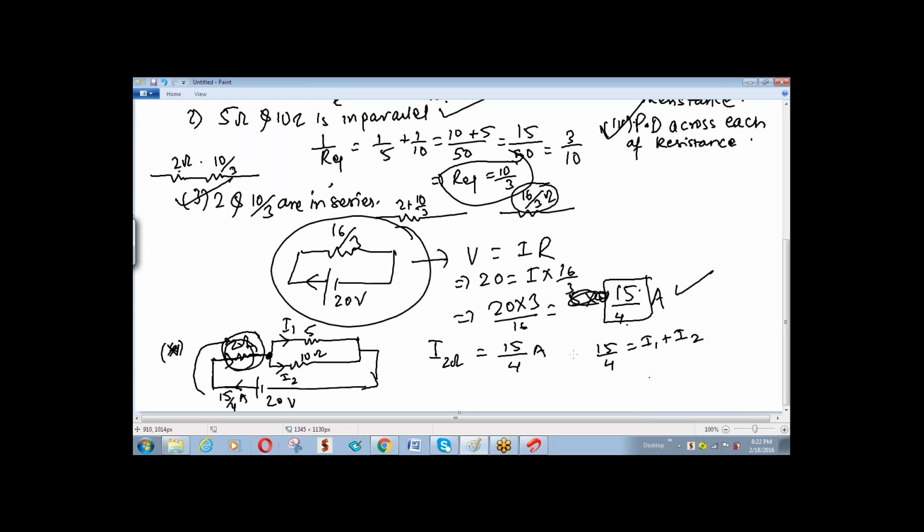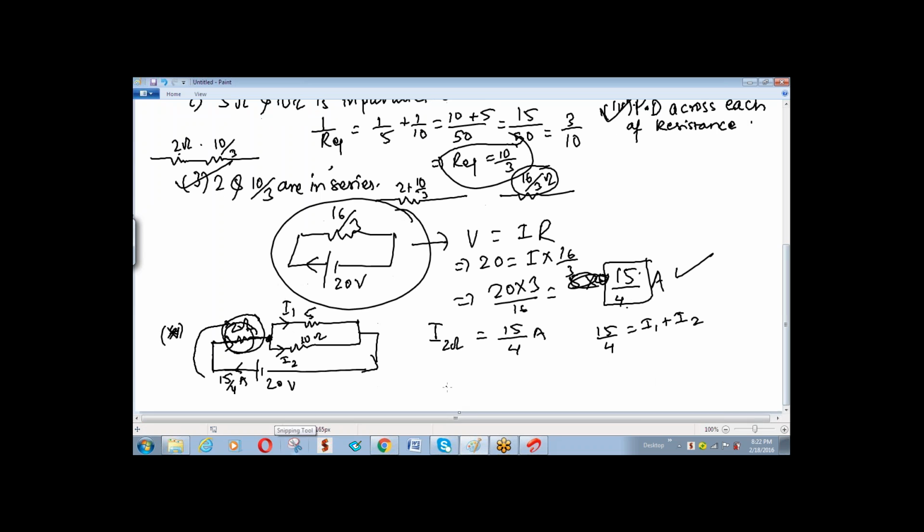Right? Now as you said, 5 and 10 are in parallel. So the potential through the 5 ohm and 10 ohm should be equal, right? Since they are in parallel.